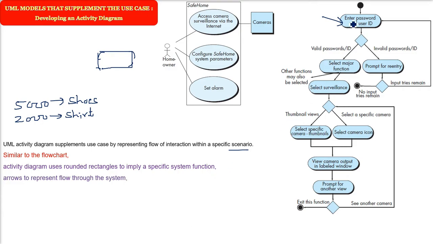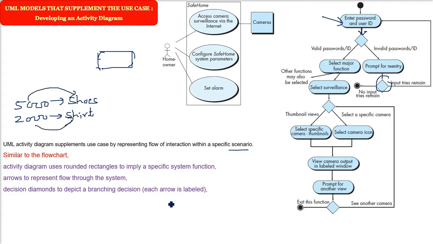They are representing the flow through the system. What will be the next step? What is the decision? There are diamonds. These are decision diamonds, and these are the branching decisions. And every arrow needs to be labeled. Arrow is showing the path, labeled, and the solid horizontal lines for parallel activities.